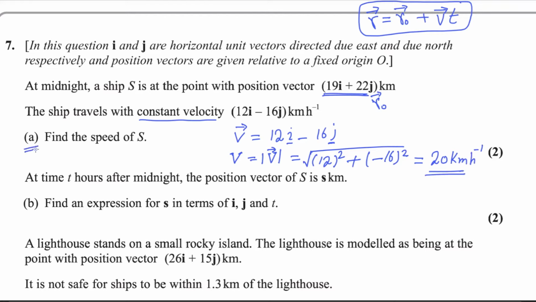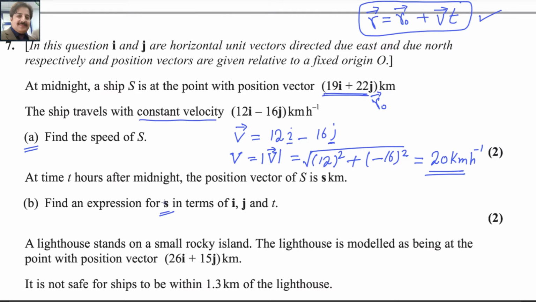First part is done. Now, at time t hours after midnight, the position vector of S is s kilometres. Find an expression for s in terms of i, j and t. As I told you earlier, this is the standard formula for finding the position vector after time t. We have the starting point, and v is given, so we can find it easily using this formula.